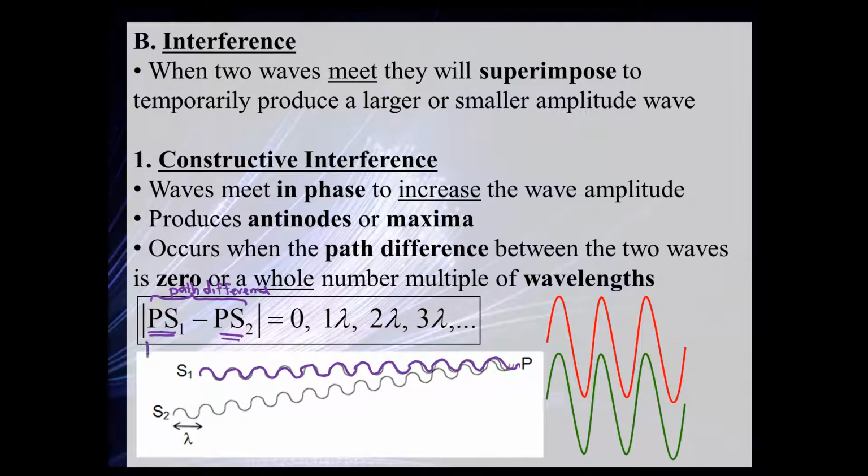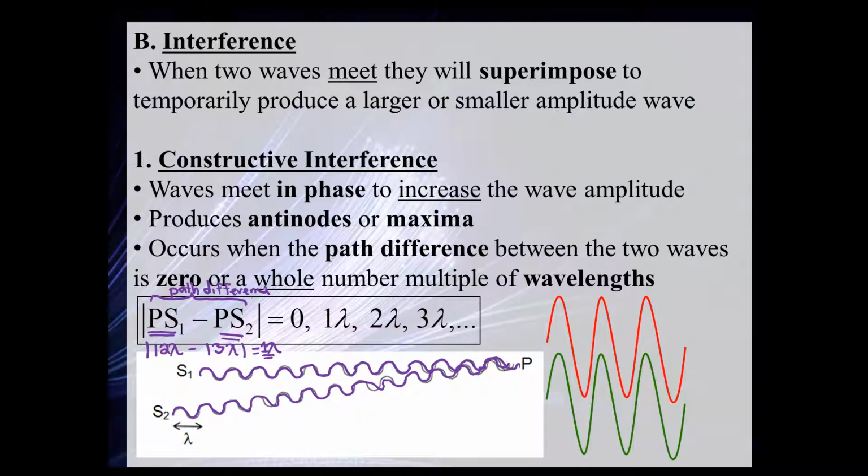So PS1, if we actually plug this in, would be 12 full wavelengths. For S2, we'd have 1, 2, 3, 4, 5, 6, 7, 8, 9, 10, 11, 12, 13. So I'm going to go 12 wavelengths minus 13 wavelengths, take the absolute value of that, and that would be equal to one whole wavelength.